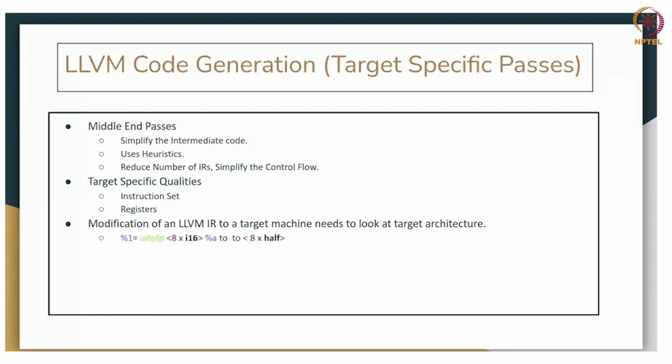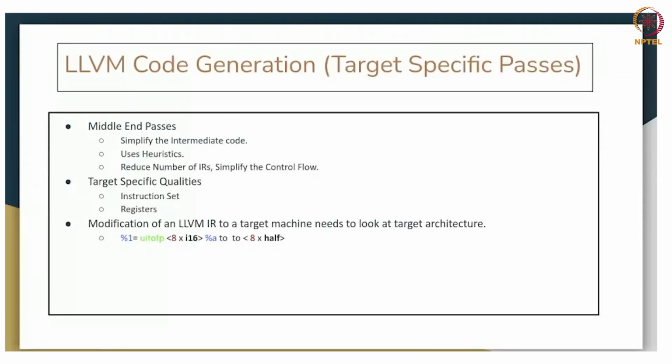So here is a simple LLVM IR instruction, UI2FP, which means unsigned integer to floating point. You have a vector of 8 short integers, and you have to convert it to floating point half.